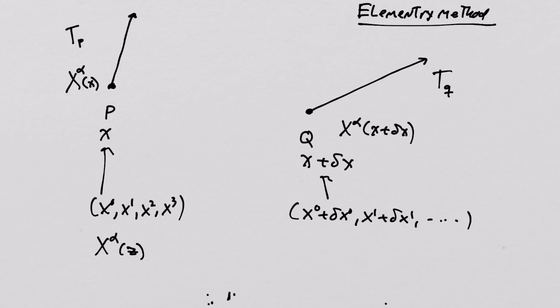So now we want to talk about this idea of taking this vector here and moving it, leaving this space, literally leaving this vector space and moving it to this vector space, which is very close by. This distance is delta x.